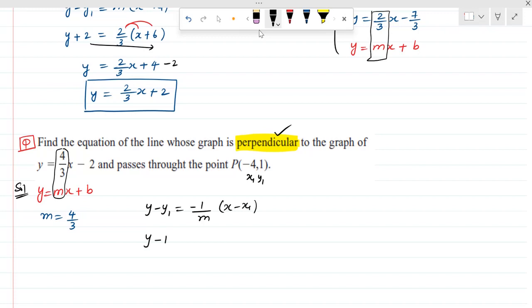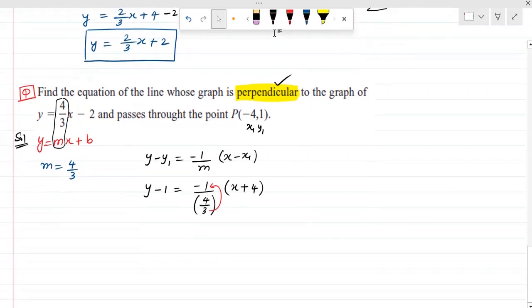Y minus y1, that is y minus 1, equals minus 1 over 4 over 3, then x minus of minus, it becomes plus. Now it becomes a reciprocal. The 3 goes up. So the solution will be y minus 1 is equal to minus 3 over 4 times (x plus 4).